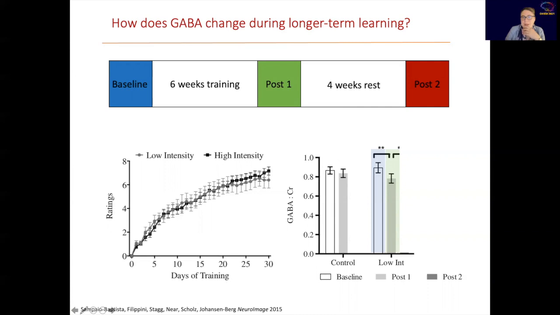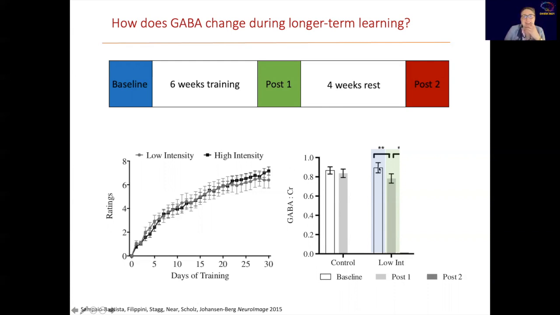So at baseline, the control subjects who didn't do any learning had a baseline and a post scan and didn't see any changes in GABA, as you would hope.